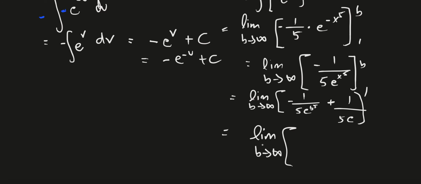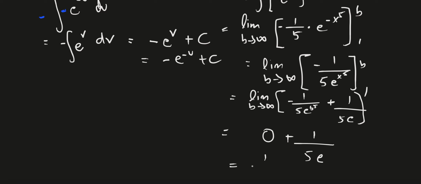I should, instead of writing it this way, sorry about that, do this separately, and I'll get that to be 0. And then this I'll do separately, and that's just plus 1 over 5e. So this ends up getting 1 over 5e. This is your integral, what you get as you evaluate it.